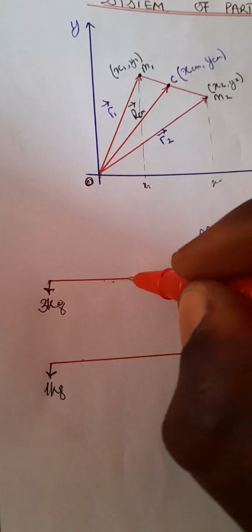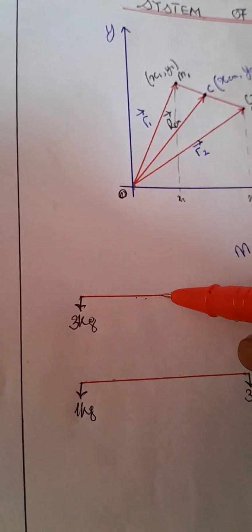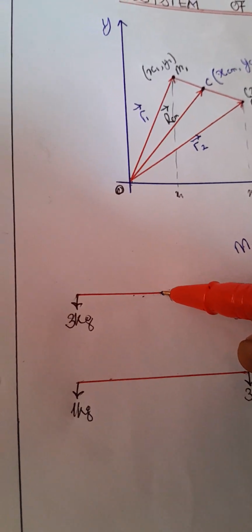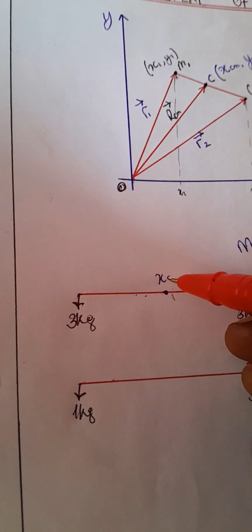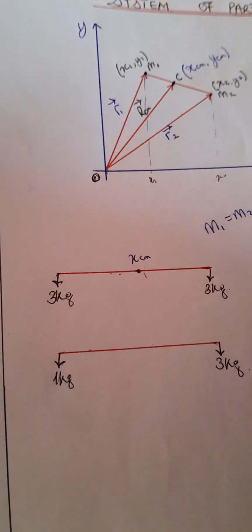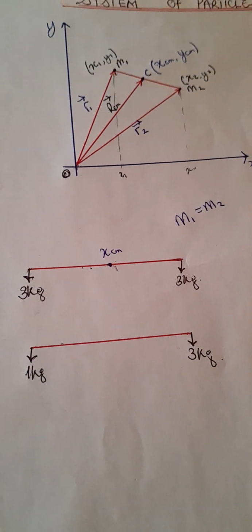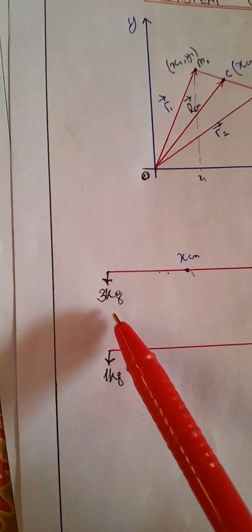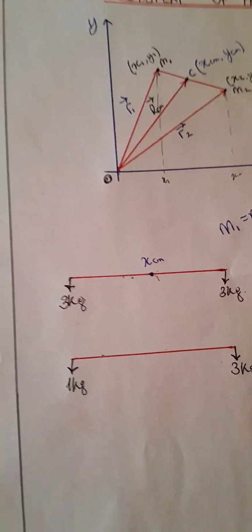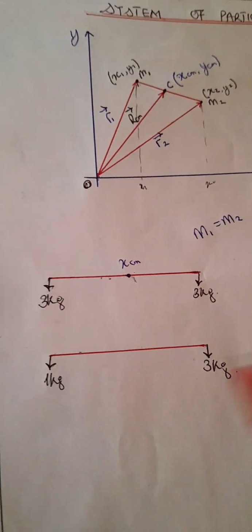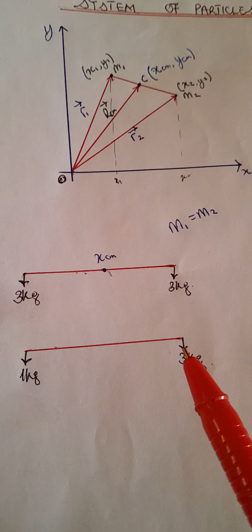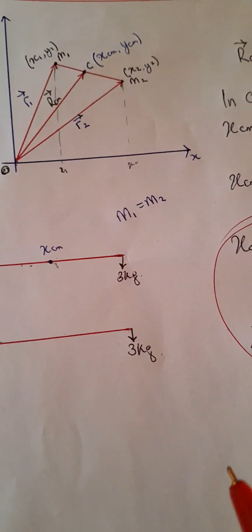The center, let's assume it will be around this point. This is where the center will be, xcm, right? Now, if this mass was reduced, this meter rule tends to sit around the side, right?